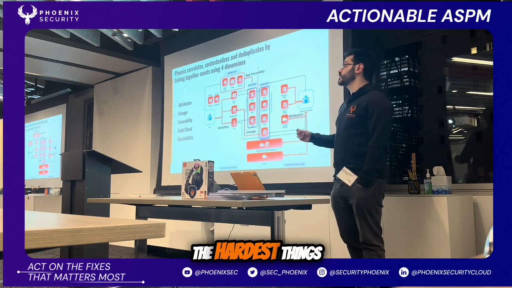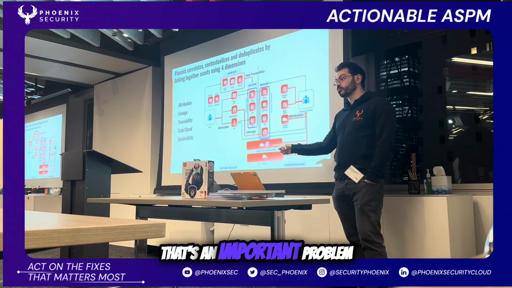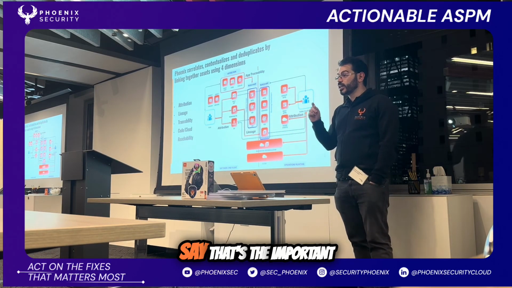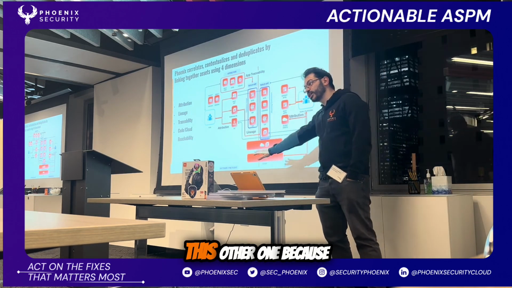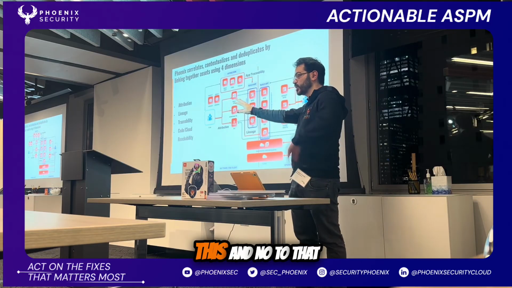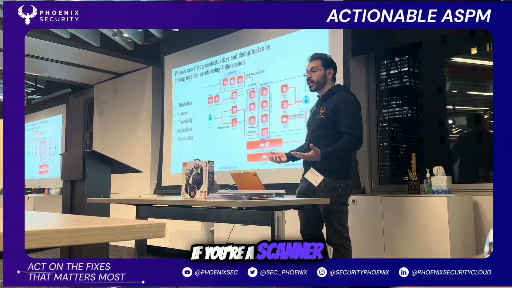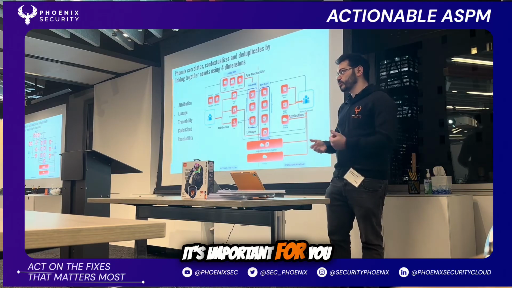Prioritizing is one of the hardest things because it's easy to say that's an important problem, but it's difficult to say that's the important problem to focus on and don't focus on this other one. Because you take the responsibility to say yes to this and no to that. Well, if you're a scanner, you just say there's a problem, you figure out if it's important for you.